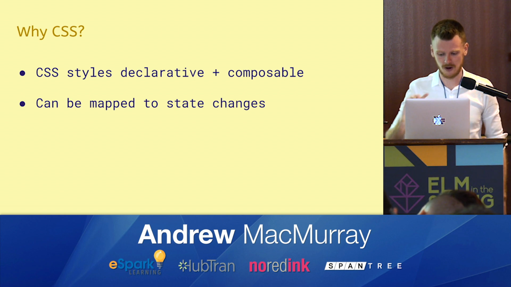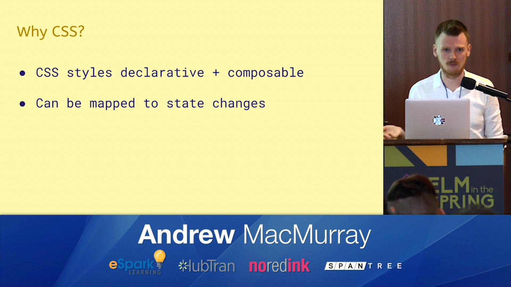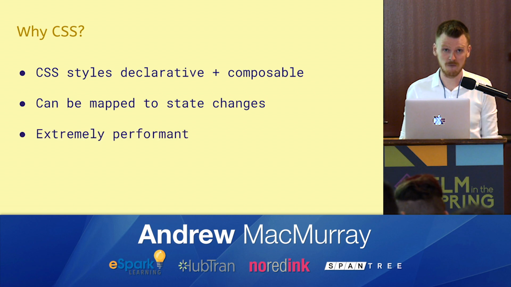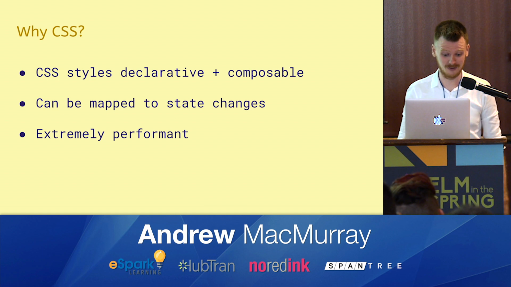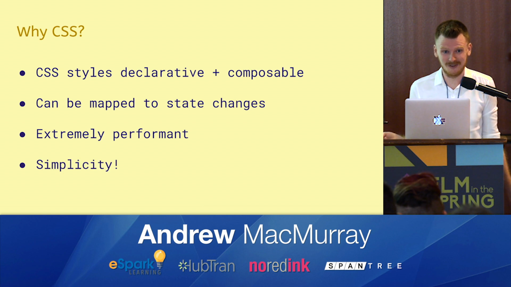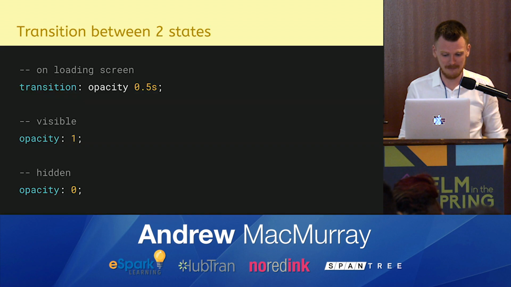Like the toggle on and off for the true-false state, you can use different styles depending on whether it's true or false. They're really performant. If you stick to certain CSS properties, you can get 60 frames a second, really smooth animation. That was really surprising. And it's so simple. It's just an inbuilt thing native to the browser.